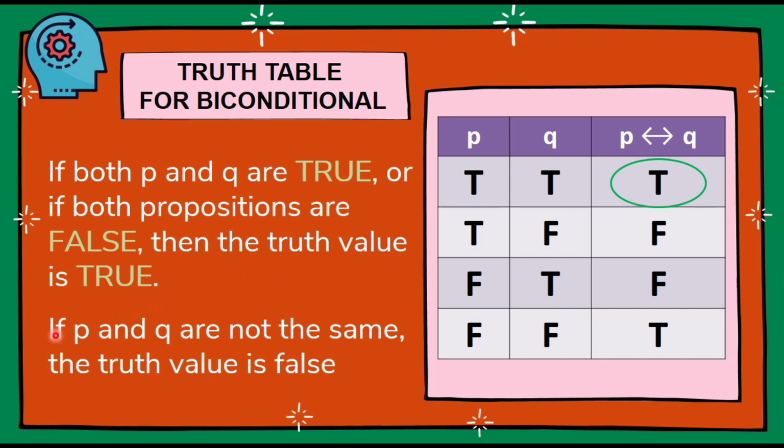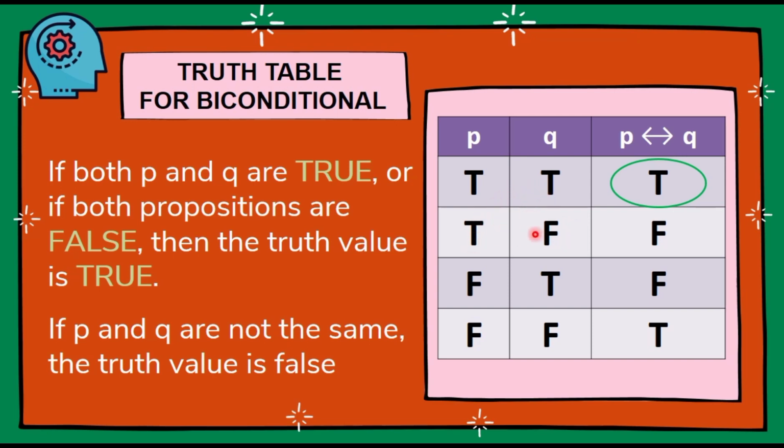Next, if P and Q are not the same, the truth value is false. So, unlike sa conditional, natitingin tayo sa conclusion, on biconditional, if one of the P and Q is false, automatic, false ang sagot. Wala na tayong pag-iisipan. False na agad yun. So, tingnan na natin.